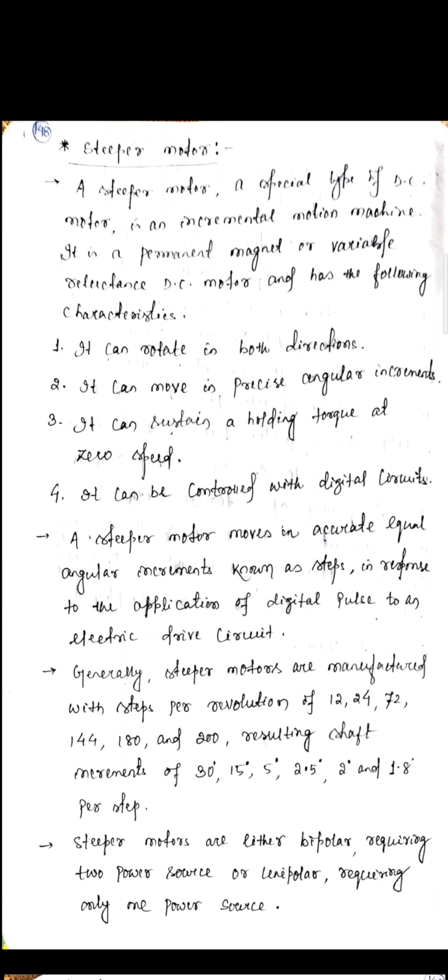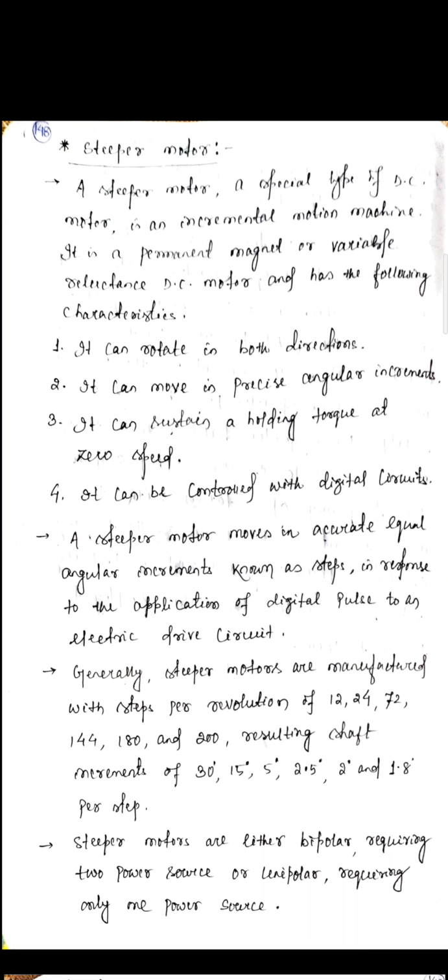Generally, stepper motors are manufactured with steps per revolution of 12, 24, 72, 144, 180 and 200, resulting in shaft increments of 30 degree, 15 degree, 5 degree, 2.5 degree, 2 degree and 1.8 degree per step.